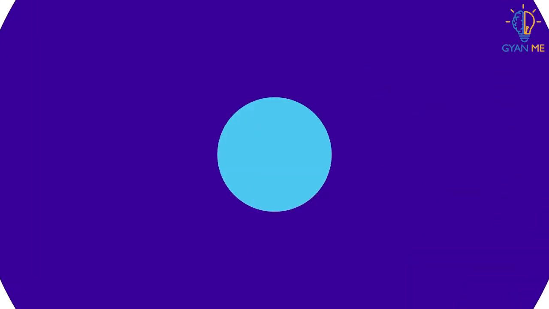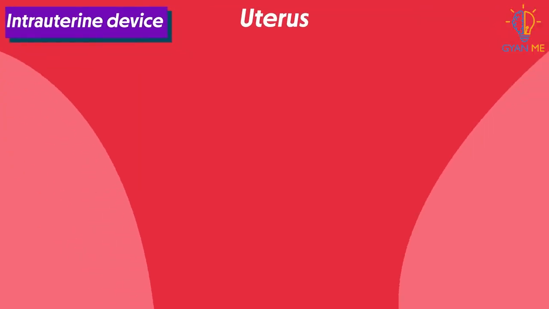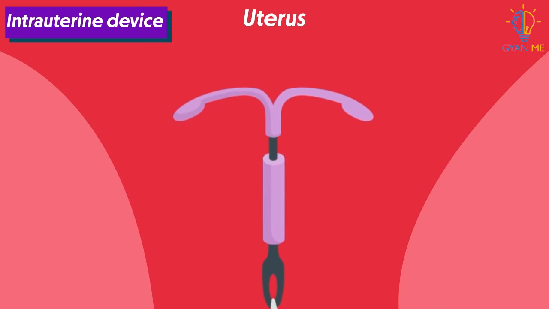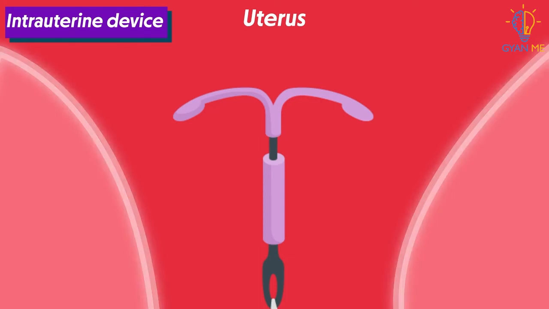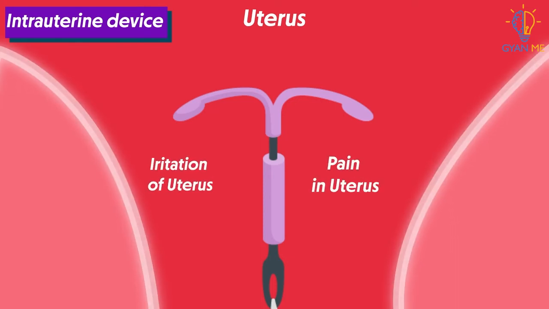The next is use of IUDs or intrauterine devices. The name suggests they are used by females. The IUDs are contraceptive devices inserted into the uterus. Again, they can cause some side effects like irritation of the uterus or pain in the uterus.